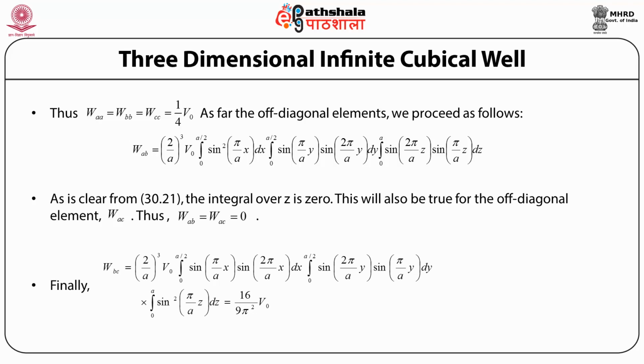Finally, WBC equals 2 by a whole cube into V0 times the integration from 0 to a by 2 of sine pi by a into x sine 2 pi by a into x dx, times the integration from 0 to a by 2 of sine 2 pi by a into y sine pi by a into y dy, times the integration from 0 to a of sine square pi by a z dz.